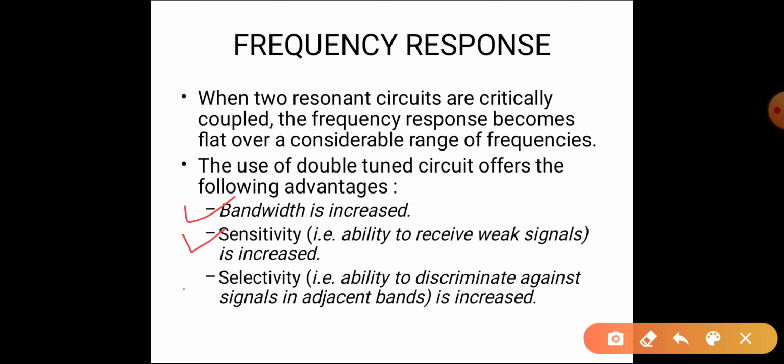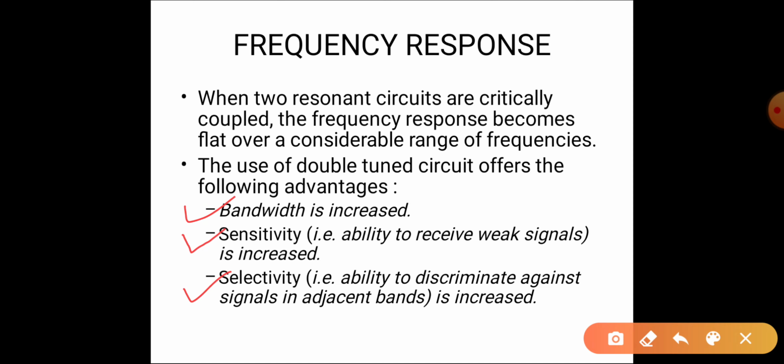And next is the selectivity. Why selectivity? Because your bandwidth is more than that of a single tuned amplifier, it can select and amplify the various signals in that bandwidth only. And it also discriminates, meaning what? Suppose in the frequency response there are adjacent bands.